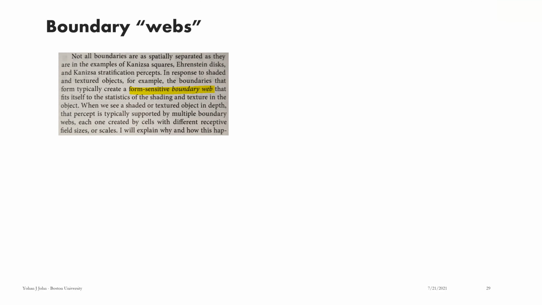This boundary webs idea for Steve, initially he was only thinking about it at local scales. This boundary webs work was actually more motivated by the work of the great Jacob Beck and Slava Prazdny, if I remember correctly. Nico can correct me on this, but it was Jacob Beck, who I think was there at BU for a sabbatical or something during the time when Steve and Ennio were working on these problems.